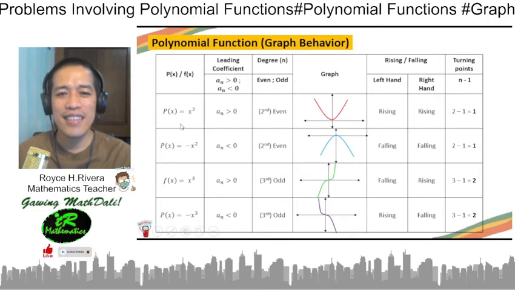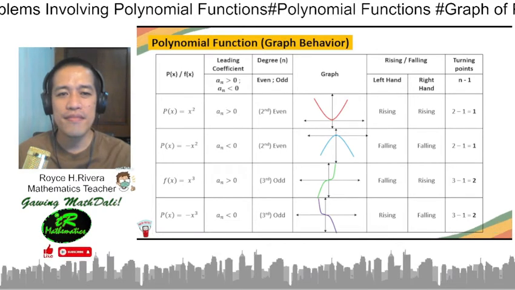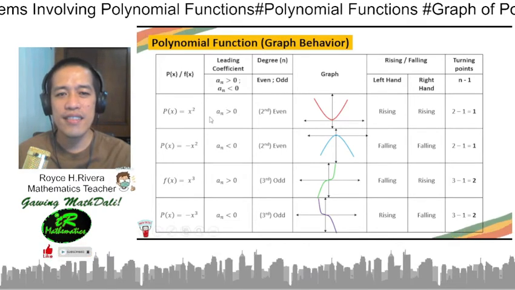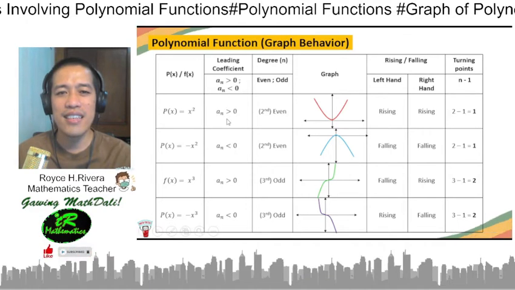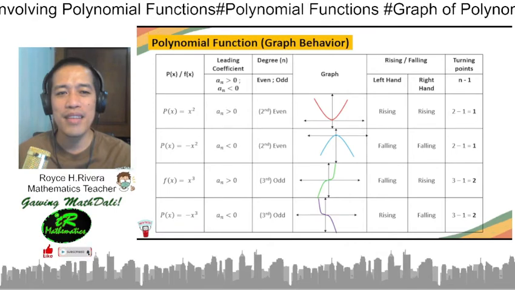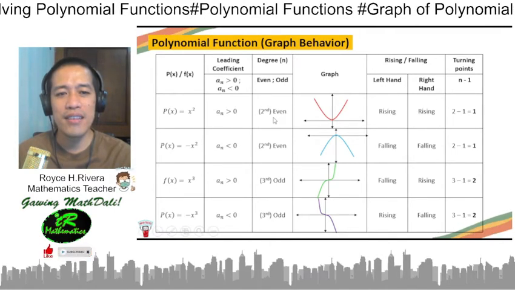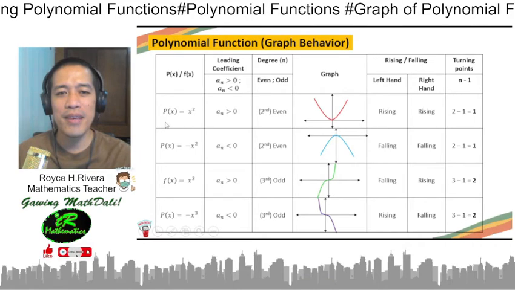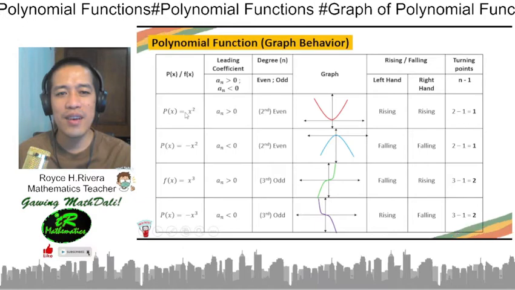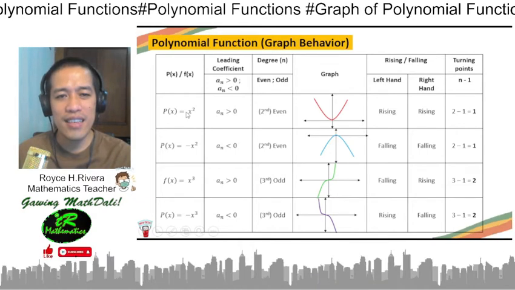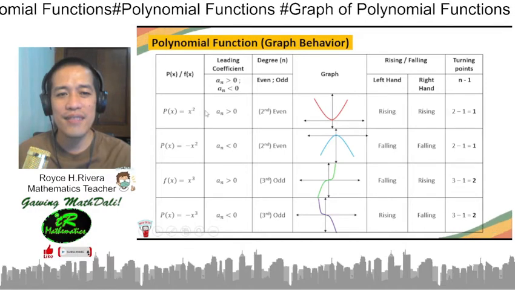Ngayon, tingnan natin yung first example. If the leading coefficient is greater than 0 or a positive number and the degree is an even number, gaya ng polynomial p of x equals x squared, the leading coefficient is 1 and the degree is the second degree.